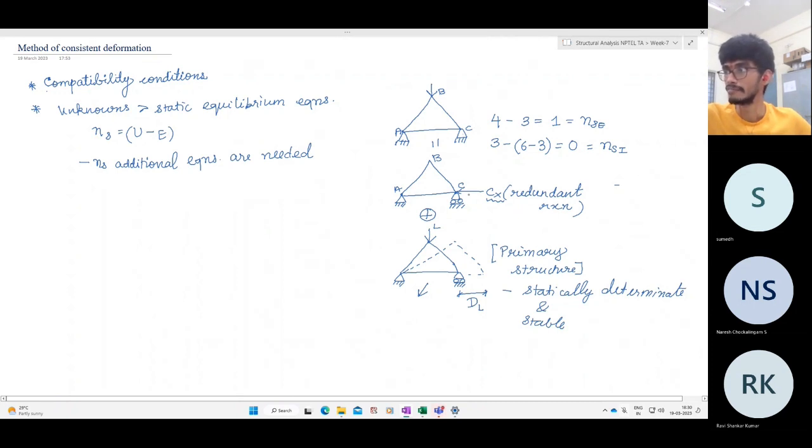What is the condition? We need to apply some extra force, which is supplied by the support, to keep the support in place without moving horizontally. So, say under this reaction, if the structure displaces this way, let us call this some delta.